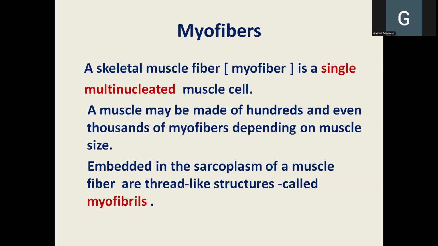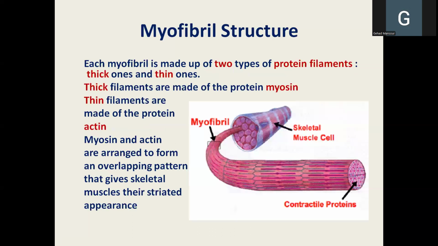On the other hand, if I ask you to arrange this hierarchy ascendingly, you will start with the myofilaments, which are actin and myosin, and then the myofibrils, which is the striated structure, and then the muscle fiber, and then the muscle bundle, and then the whole muscle.